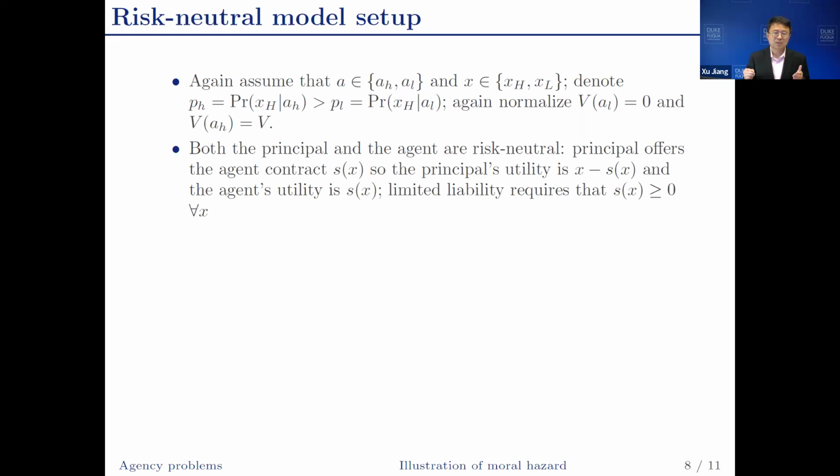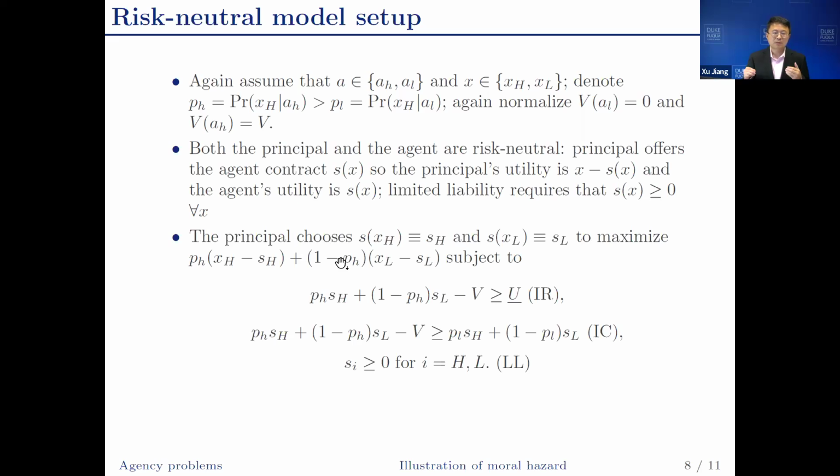But of course, the agent has a limited liability constraint, which requires that S(X), the payment, has to be bigger than or equal to 0 for any X. The principal chooses SH and SL, the payment to the agent when the outcome is XH and XL respectively, to maximize the principal's payoff function.